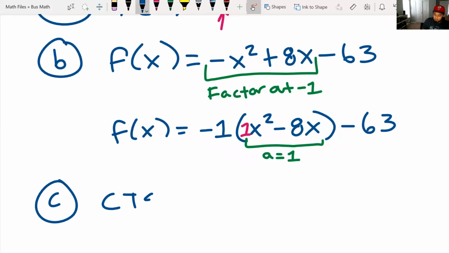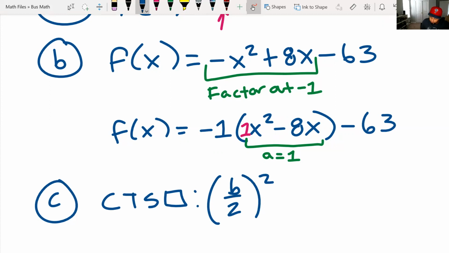complete the square. Okay, so remember it's still b over 2 squared. Our b value is now -8.